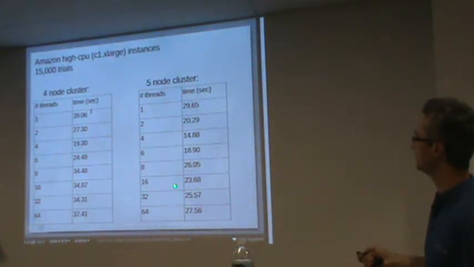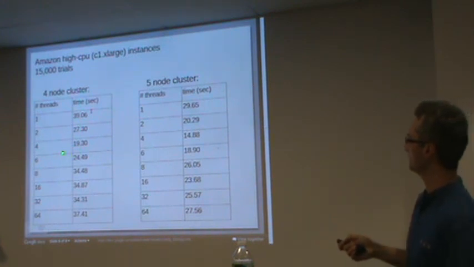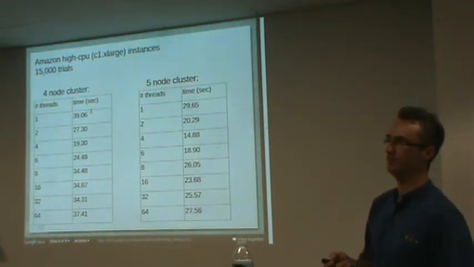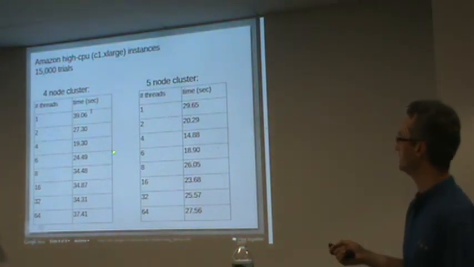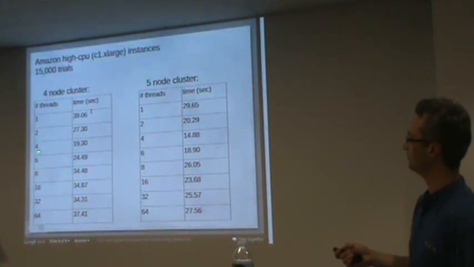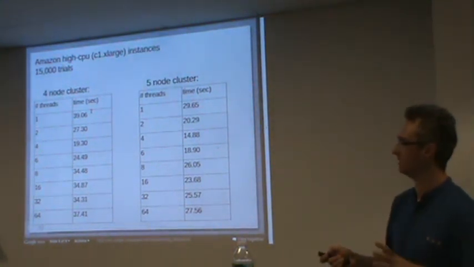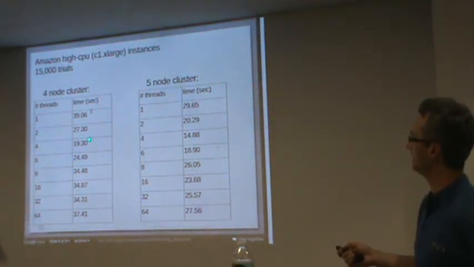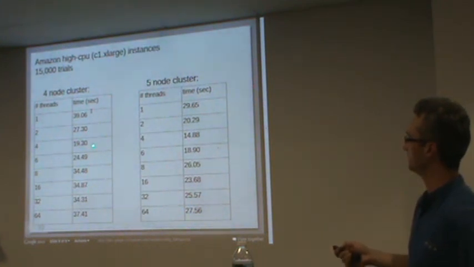That is apparently true. Also, they both have sweet spots, and it seems like 4 threads. Amazon says that these instances have 8 virtual cores. In my testing, it seems like they really are 4, but I'm not sure if I'm interpreting it right. I might be wrong. But basically, it shows that we get some improvements, and if we use more threads than that, the results are just worse.